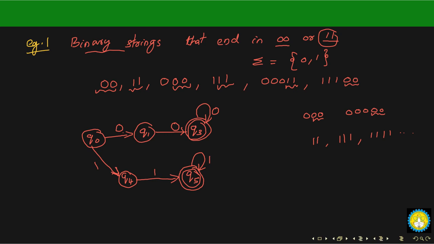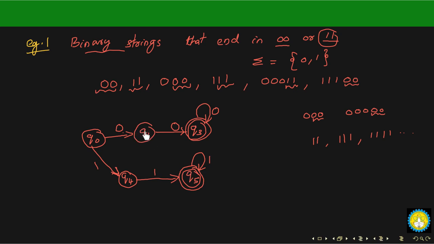Now look at this case. From Q0, if you're getting a 0, you're at Q1. From there, if you're getting a 1, what will you do? Let me take my pointer to make it more clear. From this Q1, if you're getting a 1, then if your string is ending there, you have the chance that you are going to accept that string.